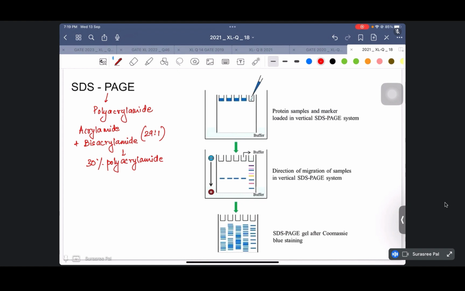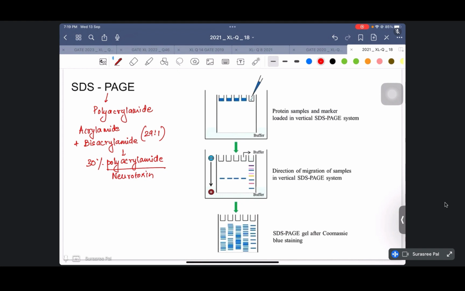Together that forms a gel matrix, which is called polyacrylamide. Also remember that polyacrylamide is a neurotoxin, so it has to be handled with care. Whenever we are using it in our labs, we should always wear gloves while handling polyacrylamide. This is the polymer that forms the gel.